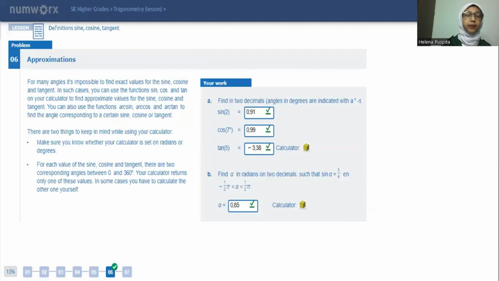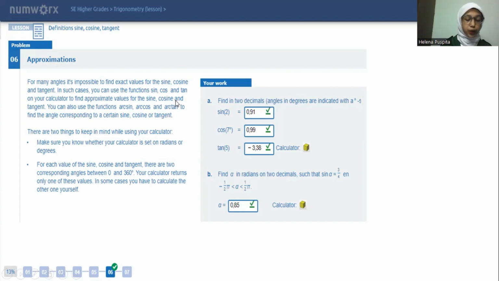Next, equation number 6. For many angles, it's impossible to find exact values for the sine, cosine, and tangent. In such cases, you can use the functions sine, cos, and tan on your calculator to find approximate values for the sine, cosine, and tangent.